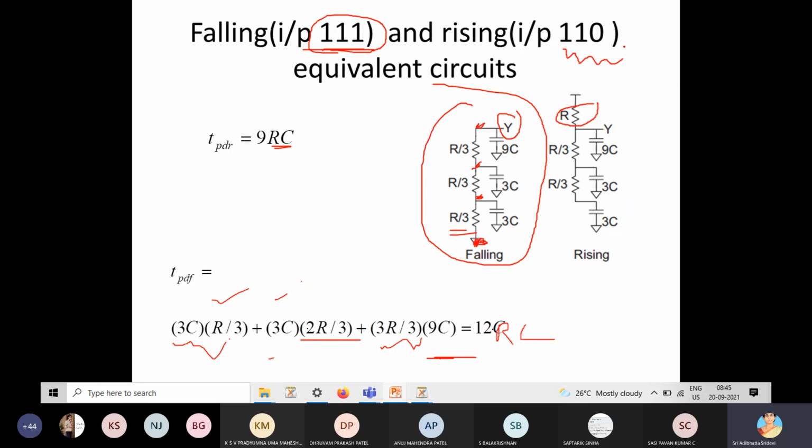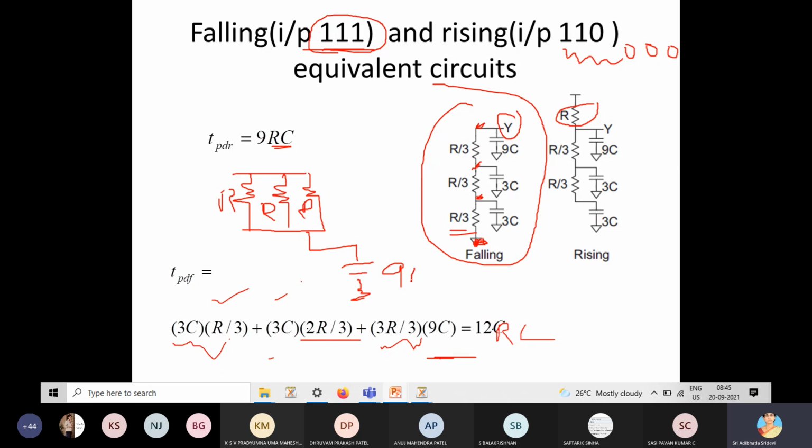For example, if I take the combination 0, 0, 0, that is also rising, correct? Then what will be my equivalent circuit for the rising? This will be my equivalent circuit. I have 3 resistors because all the 3 PMOS transistors are on and no NMOS is on.